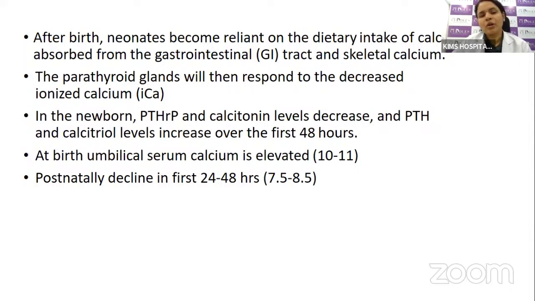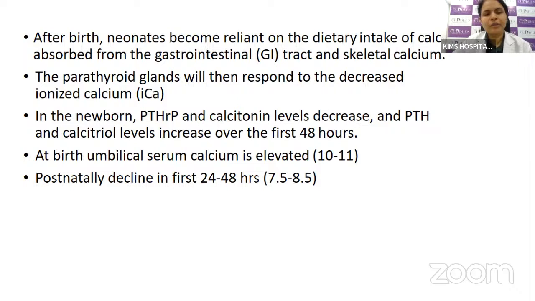After birth, because the newborn is abruptly cut off from the placenta, the newborn becomes reliant on dietary intake of calcium absorbed from the GI tract and skeletal calcium. So there is a gradual decline in the serum calcium levels as the baby transitions from fetal life into the neonatal life. And hence, in the first 24 to 48 hours, the parathyroid glands will gradually start responding to the decreased levels of ionized calcium and start secreting more PTH.